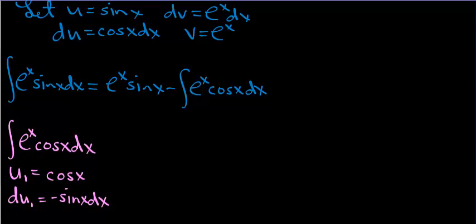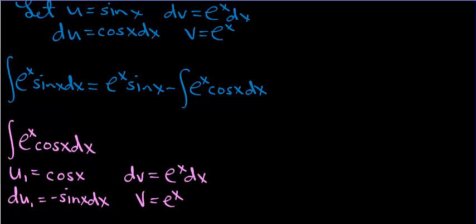Now dv, the second dv, is going to be cosine x. Wait a minute, no, it's e to the x. Sorry. So dv is equal to e to the x dx, just like before, and then v is equal to e to the x.